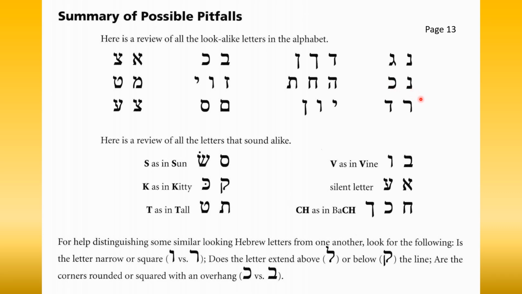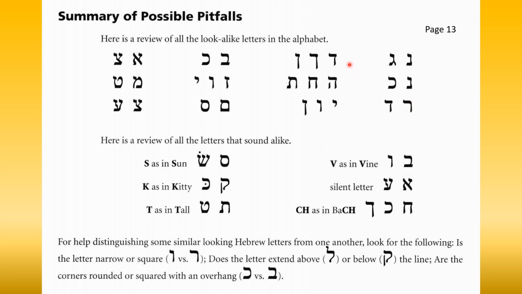Probably the hardest for me, the resh and the dalet. Very much look alike if you're reading small print. But the dalet, again, is the very straight, very direct line down from the top, whereas you have this rounded corner for the resh.